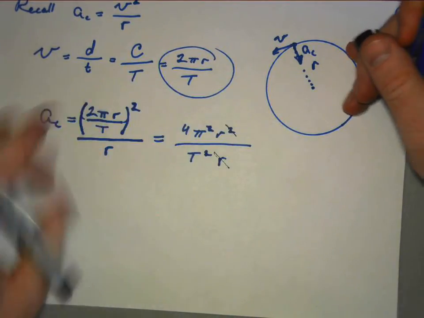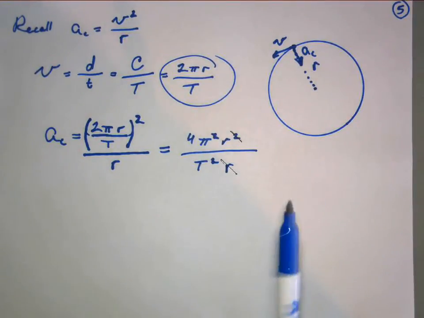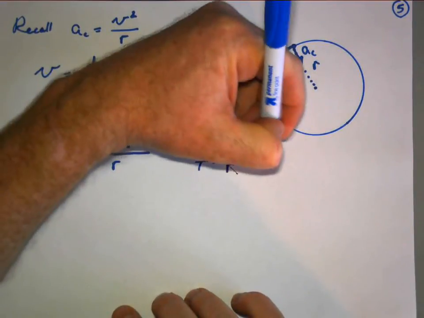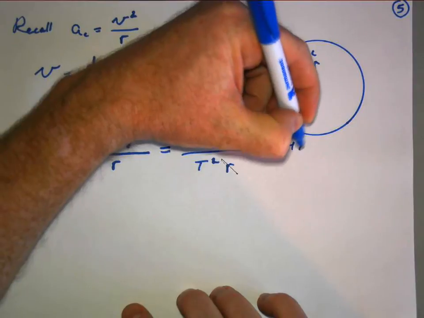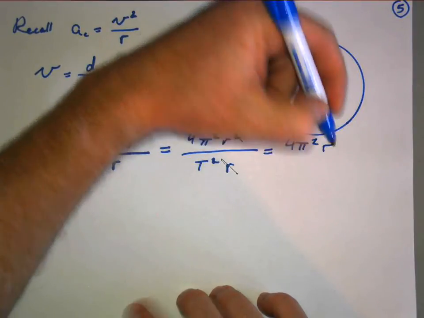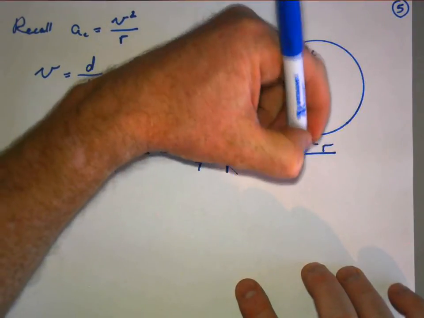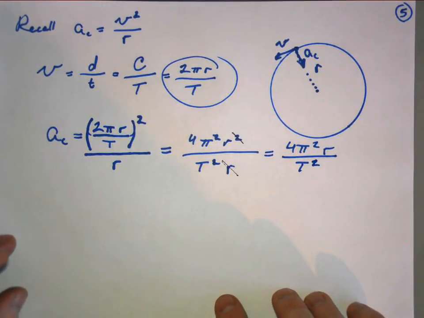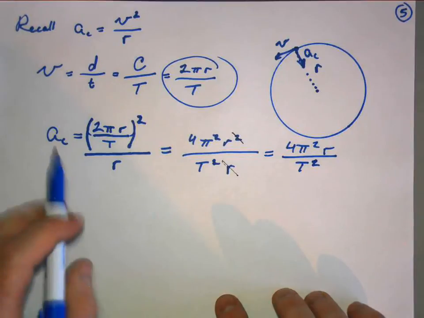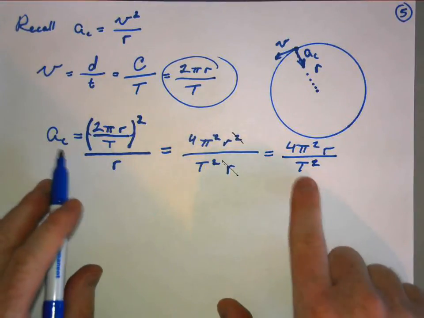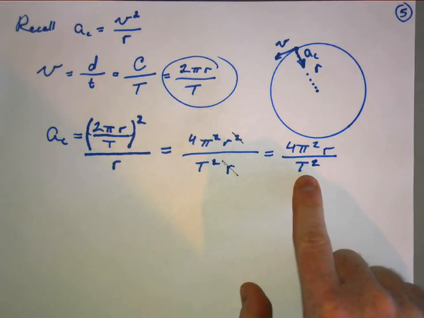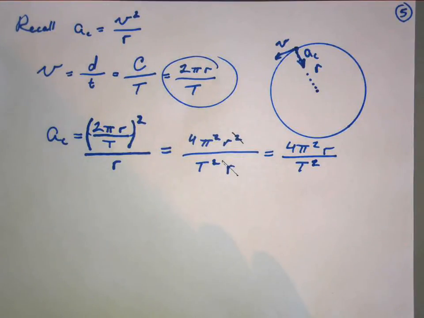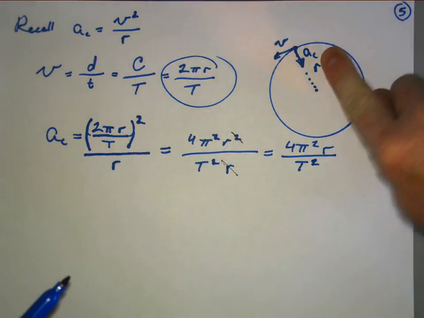So we get rid of that exponent and I'll leave 1r on top. So 4 pi squared r divided by period squared. Okay. So I have this relationship, this sort of a new way of looking at centripetal acceleration. Well, the net force acting on the planet is the mass times the centripetal acceleration.